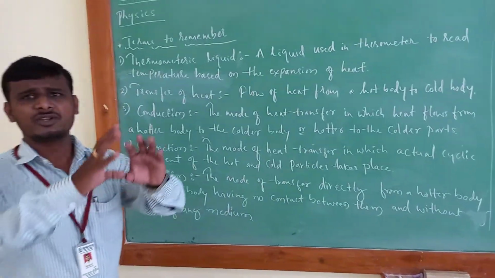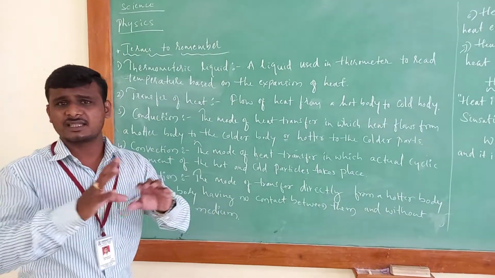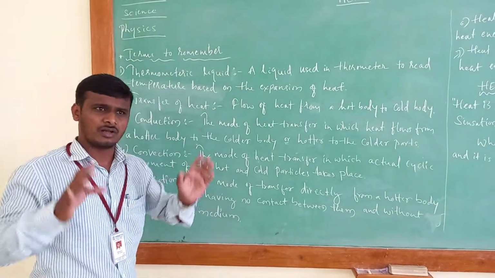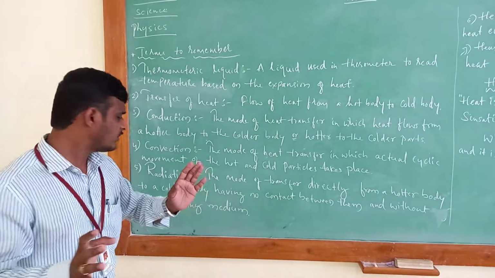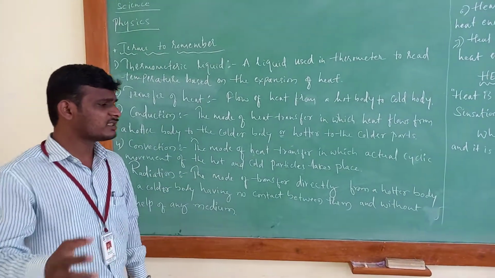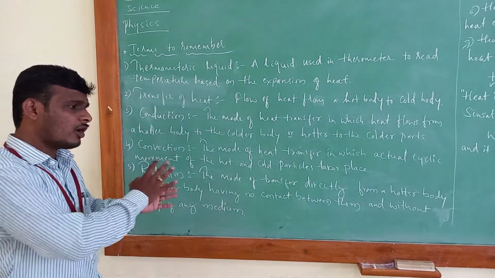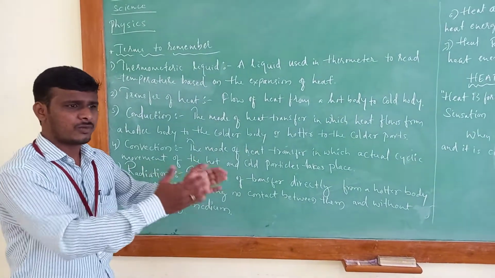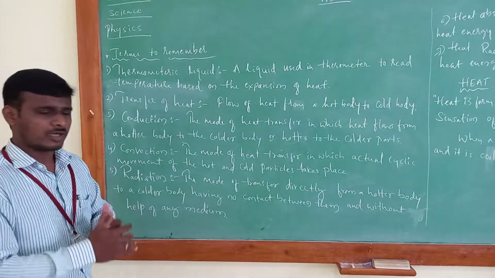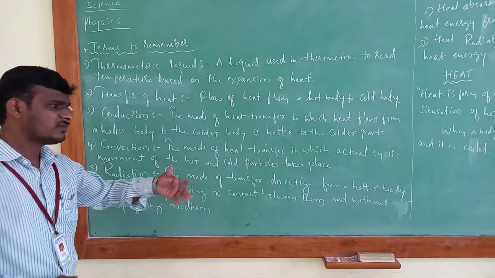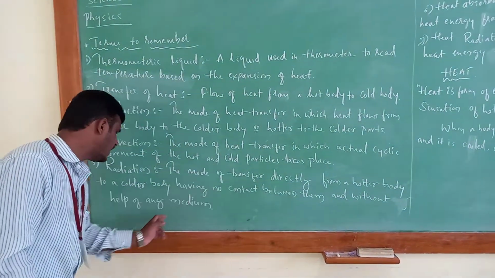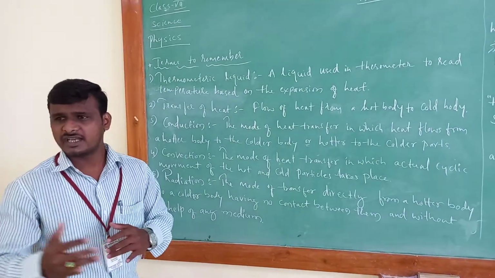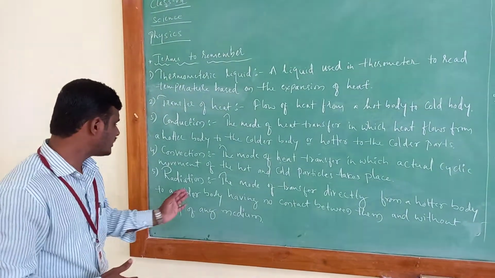The sun, without the help of any medium, spreads its light all over the earth and the solar system. Even without touching any object, it feels hot. That type of transfer of heat we call radiation.